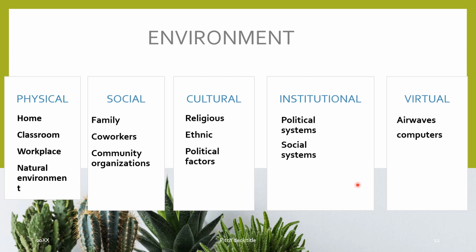Then cultural environment could be religious, ethnic, political factors. And then your institutional environment. The difference here with the political and social is your system. So institutional means system-wide, where under cultural, it's just the factors of the system. And then you have virtual, such as airwaves and computers.